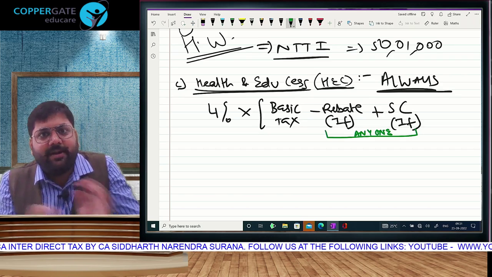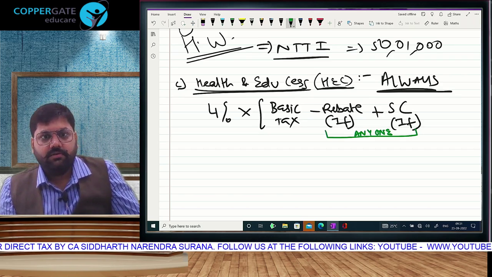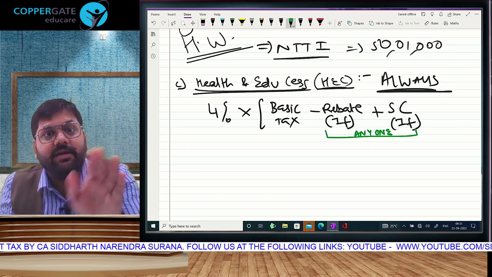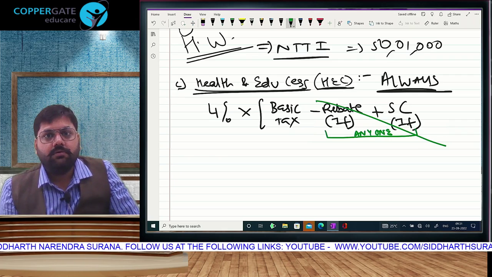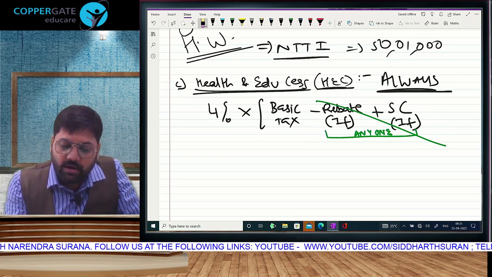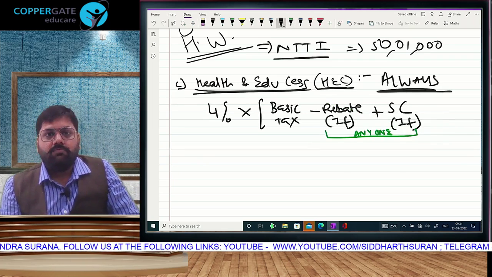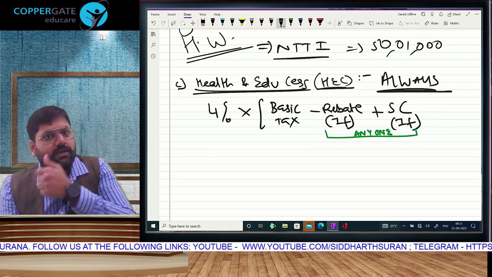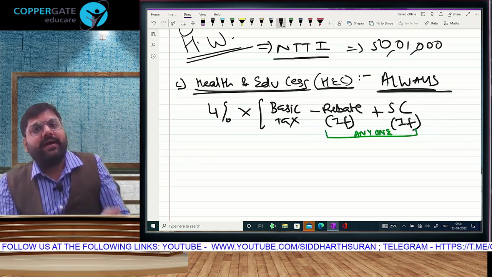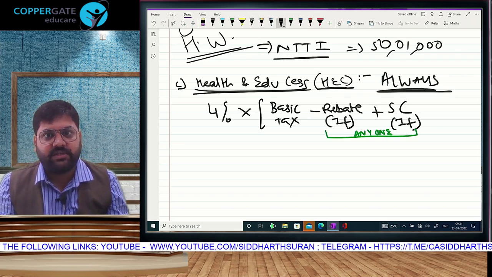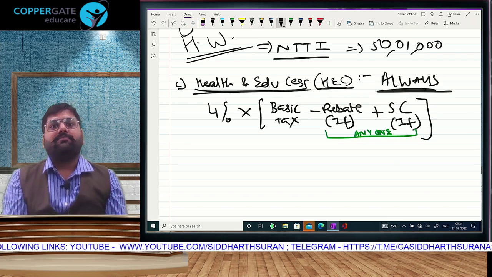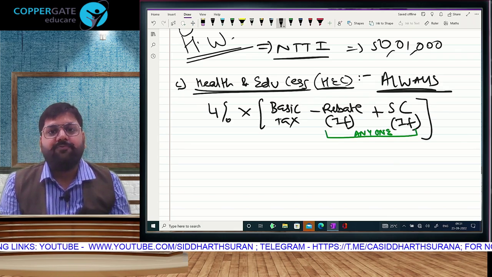It can be only rebate or only surcharge. It can be none of them. Assessee having income of 8 lakh rupees will not have both of them. It can be none of them, but it can never be both of them. So start with basic tax, give rebate if applicable, apply surcharge if applicable. Surcharge by default will include marginal relief calculation, and with that amount, whatever you have, apply 4%.